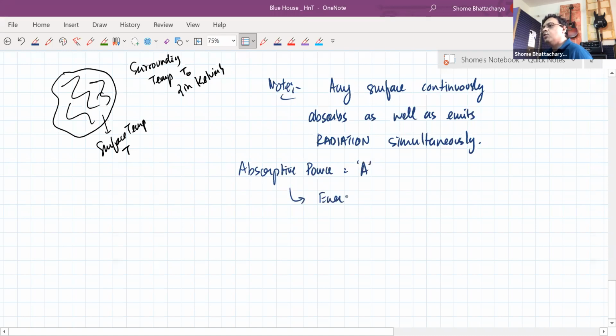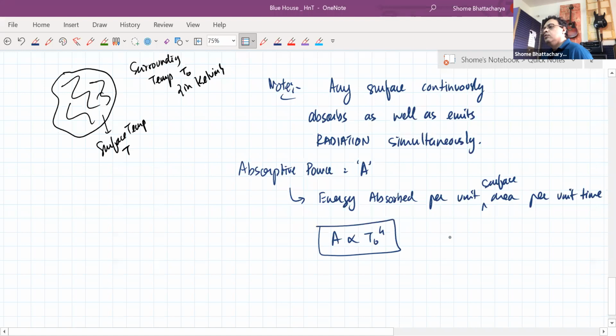This is the energy absorbed per unit surface area per unit time. This absorptive power is proportional to the temperature of the surrounding to the power four, where T naught is in kelvins. It is given by the formula absorptivity into Stefan Boltzmann constant into T naught raised to power 4.